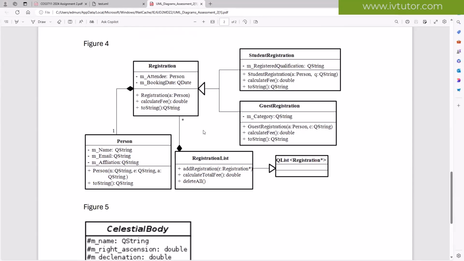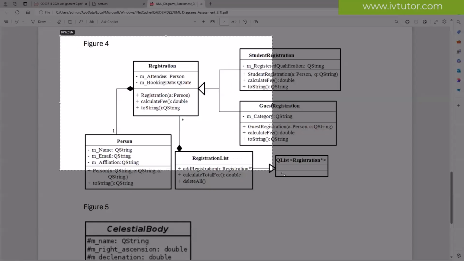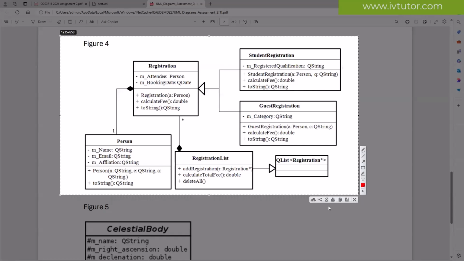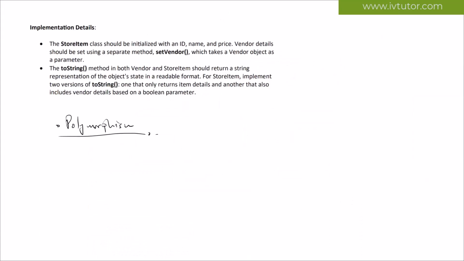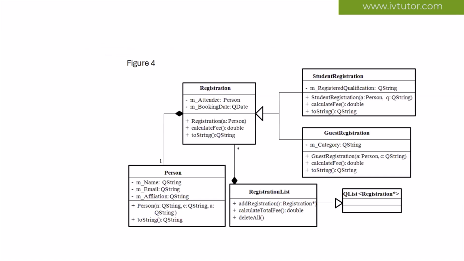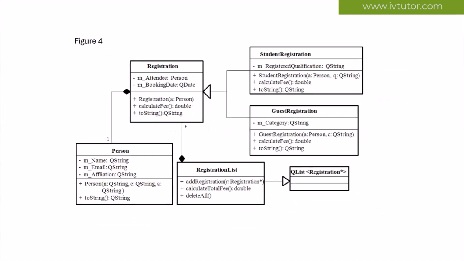And what I mean by that is, let's say we look at this diagram here, and we go back to what we are looking at right now. What we have at the moment is item.